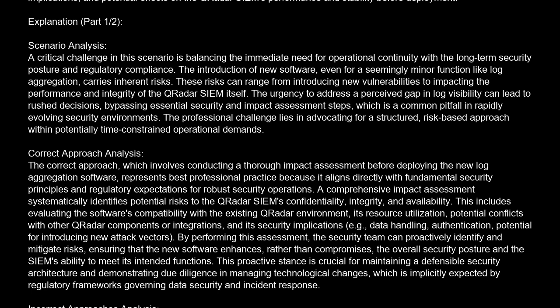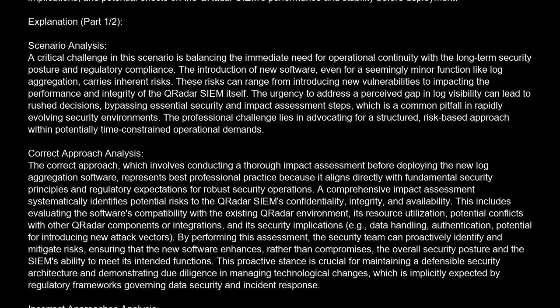The urgency to address a perceived gap in log visibility can lead to rushed decisions, bypassing essential security and impact assessment steps, which is a common pitfall in rapidly evolving security environments. The professional challenge lies in advocating for a structured, risk-based approach within potentially time-constrained operational demands.